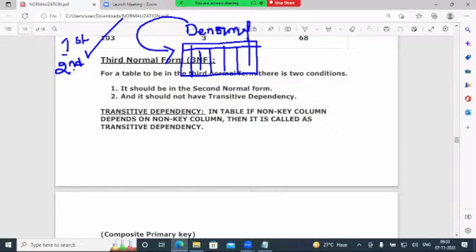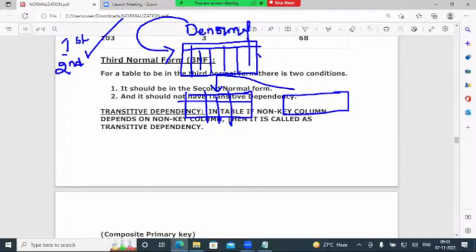Then what do I want to check? Partial dependency columns. Suppose in this table I find a few columns with partial dependency. Those partially dependent columns are separated. After separation, how many tables will be formed?